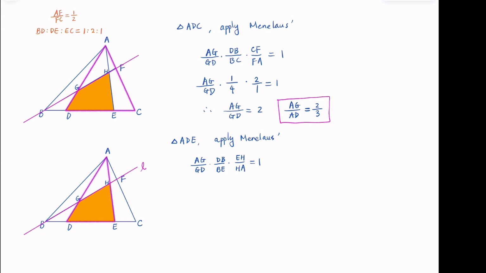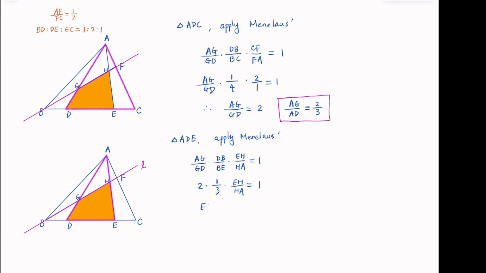AG over GD, earlier we know that this is 2/1. DB over BE is going to be 1/3. So this is EH over HA, which means EH over HA is going to equal 3/2.